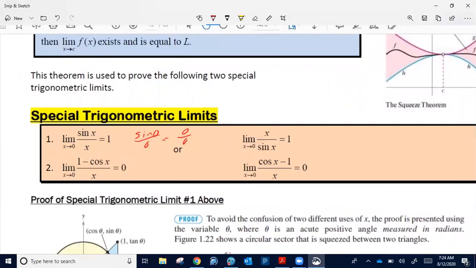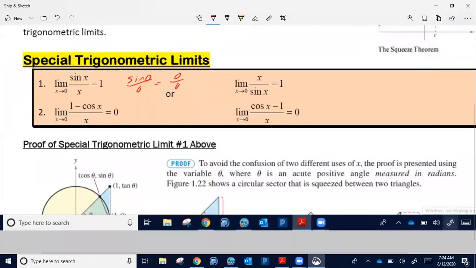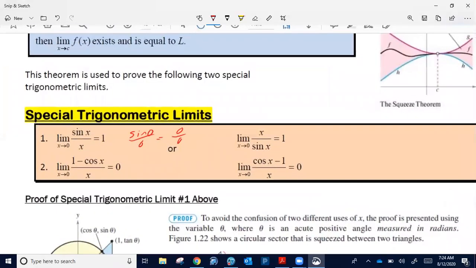That's indeterminate. But with the squeeze theorem, with some manipulations, and it's kind of down below this proof piece, I'm not going to work through a whole lot, we can set up a case where we know sine of x over x at 0 is going to equal 1. Or the reciprocal of that, x over sine of x is going to equal 1.